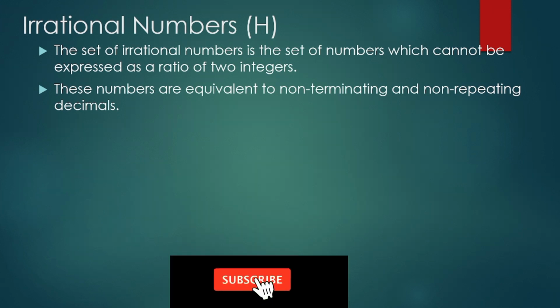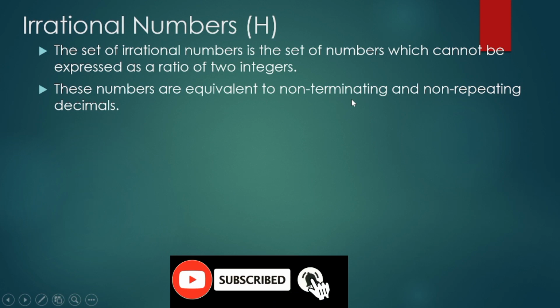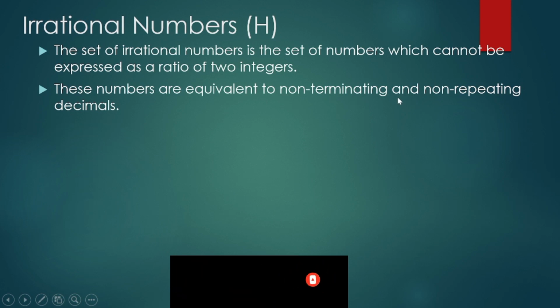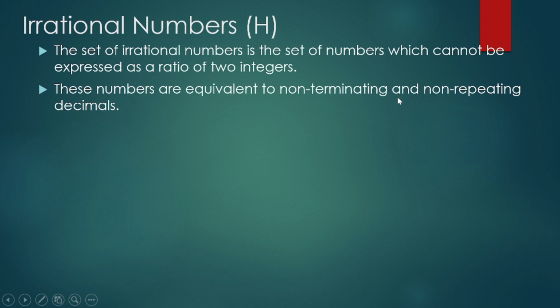So, nasabi ko kanina, yung terminating and repeating. So, ibig sabihin, kapag irrational numbers, hindi po siya terminating at hindi rin po siya repeating decimal. Kasi meron po tayo ng mga decimal na continue lang, sige lang ang dagdag ng numbers, pero wala pong nauulit. Okay?